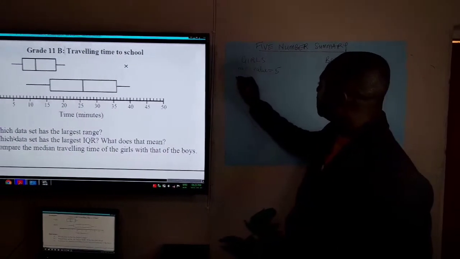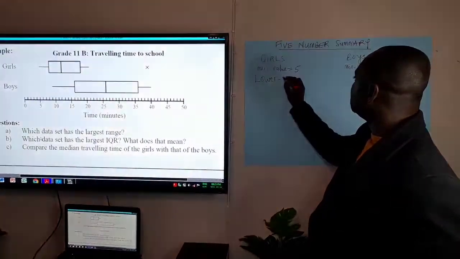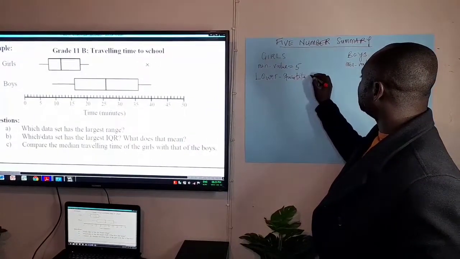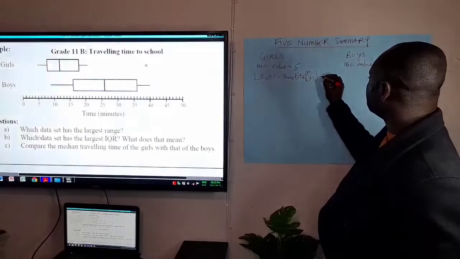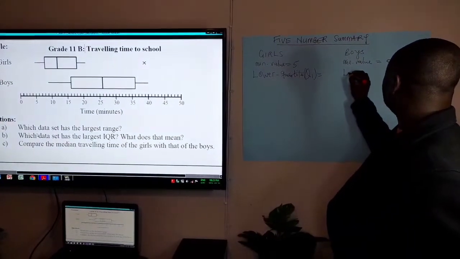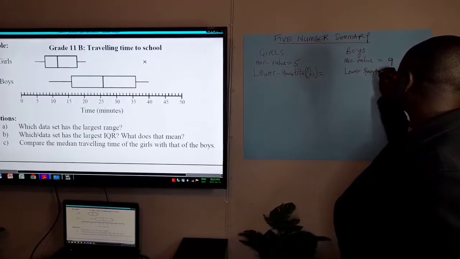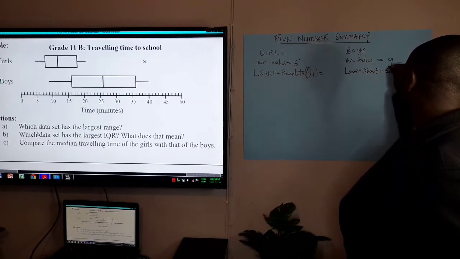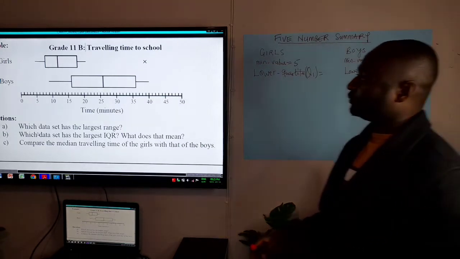Now let's go and look for the other numbers. Lower quartile. Lower quartile is what we term as Q1. What is the answer here? We will also be looking for lower quartile here for the boys, which is also Q1. Now what is our answer from the lower quartile for the girls?